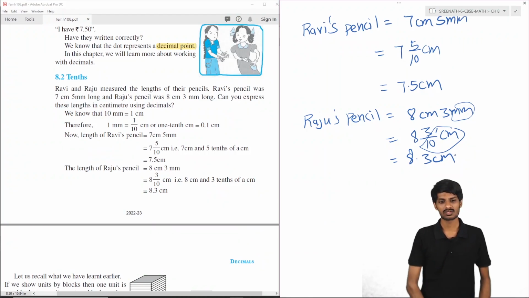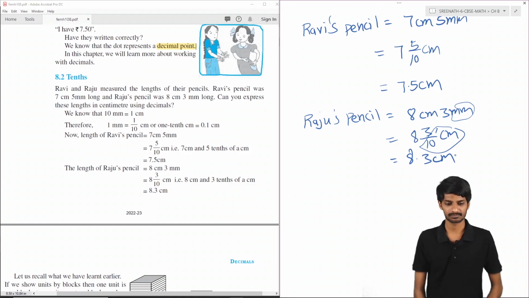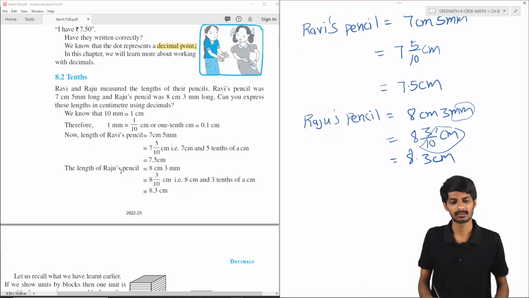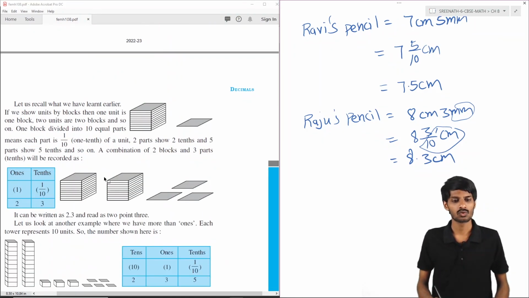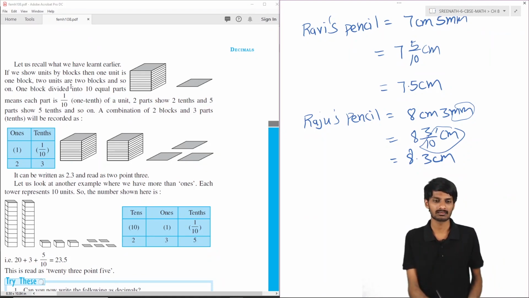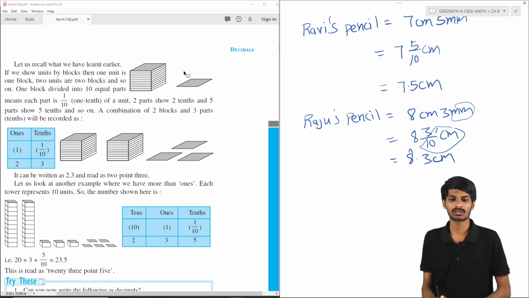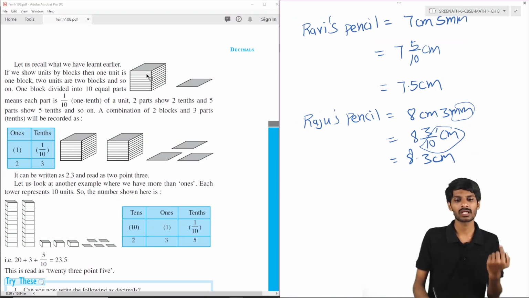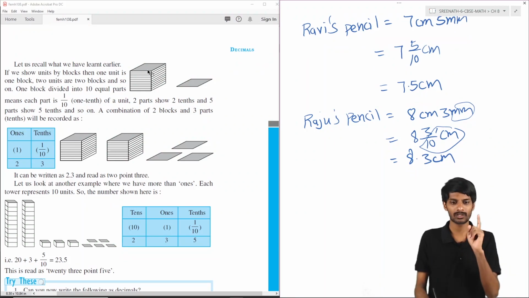Okay, students. So let us understand it using pictorials. Let us recall what we have learnt earlier, students. Suppose we show units by blocks, then 1 unit is 1 block. If you take 2 units, then you have to take 2 blocks.